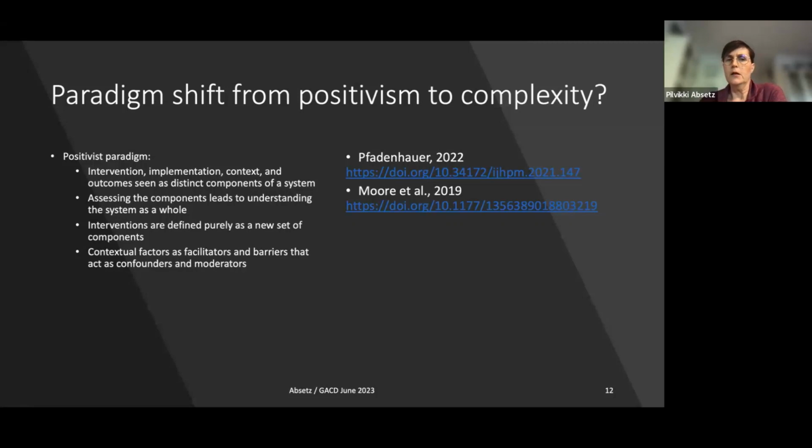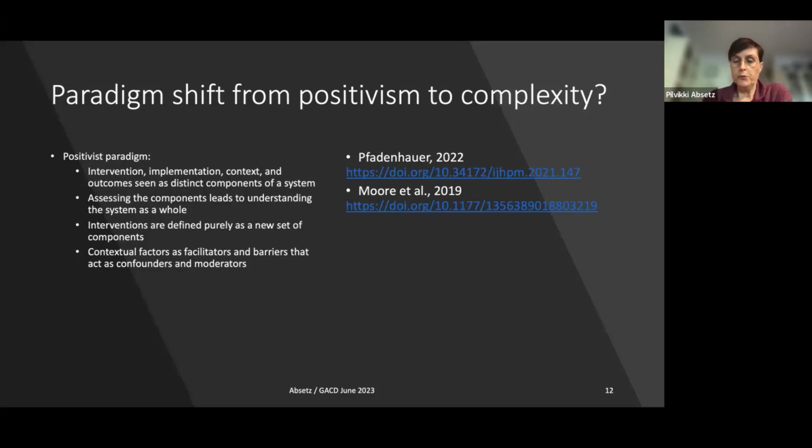As in the review by Nielsen and colleagues, contextual factors are seen as facilitators and barriers that act as confounders and moderators. If I think critically, this is how I've probably also thought about these matters, which I find quite understandable, as I'm a behavioral scientist by background, but working in a medical field.